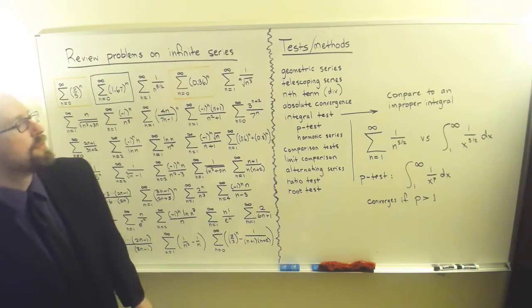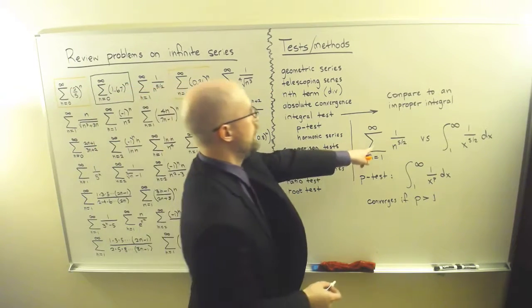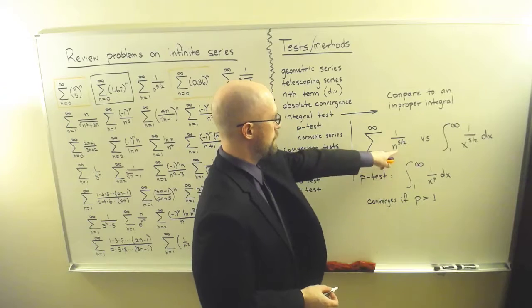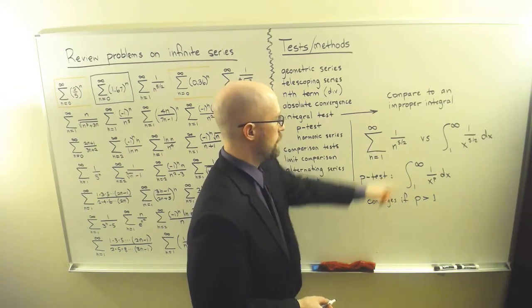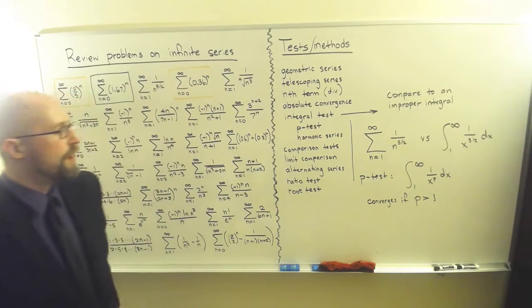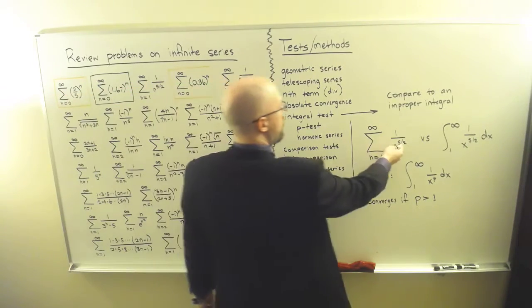And so you can use that to immediately conclude that the series will converge if the power here is bigger than 1. And of course, 5 over 2 is bigger than 1. So you could just look at the power and compare it to 1.